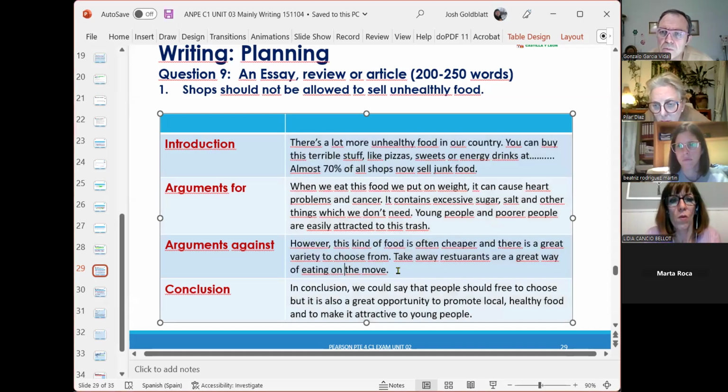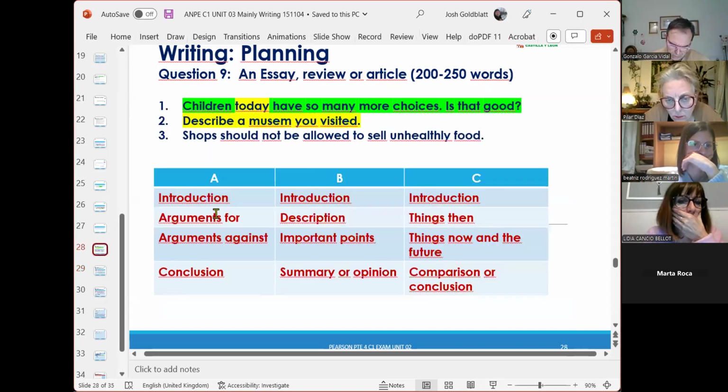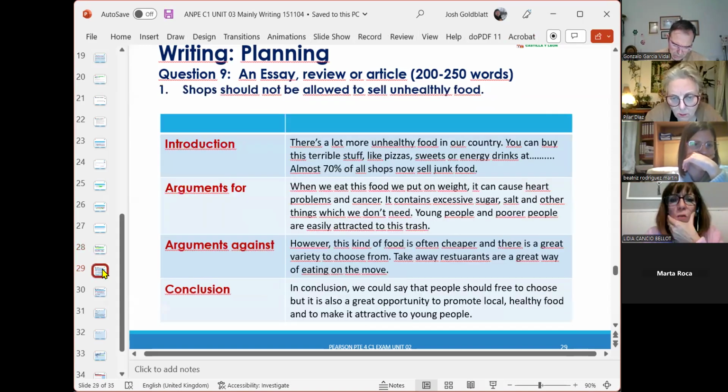So the point is, if we look at the title and we reduce it into the 4 fragments, the 4 points we want to use, it is much easier to write, especially when we're talking about arguments for and arguments against.